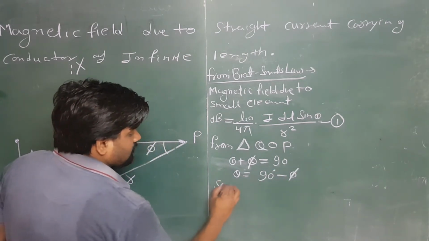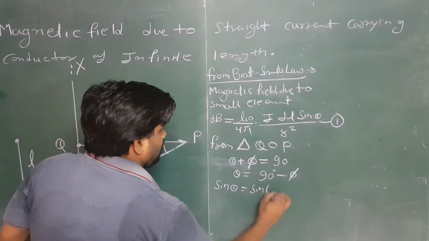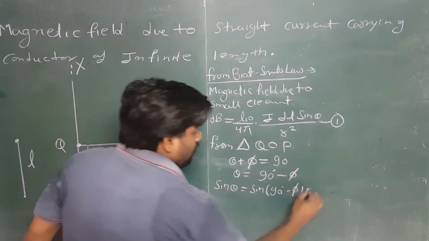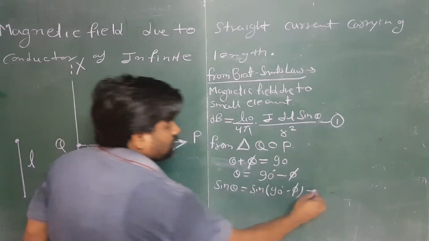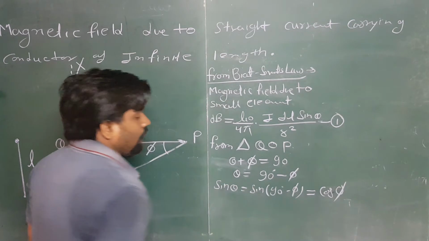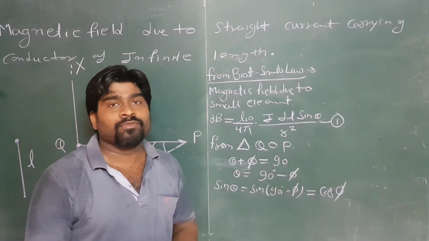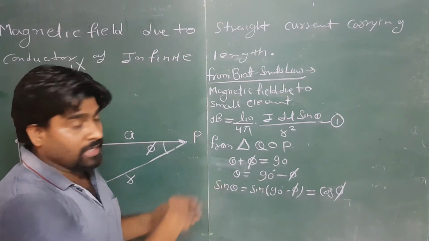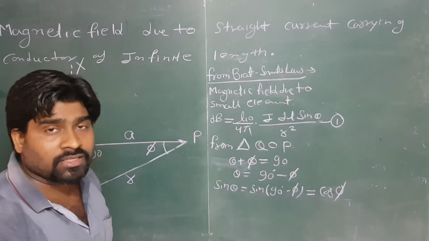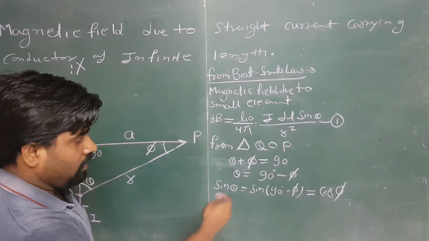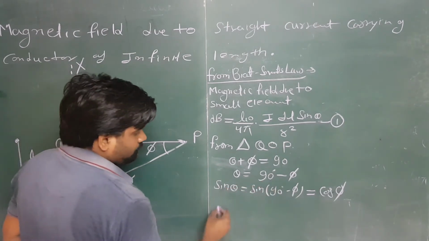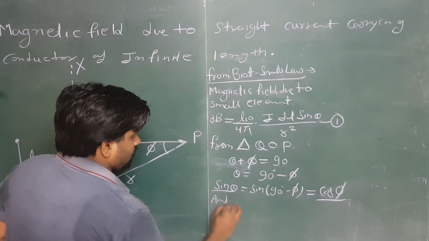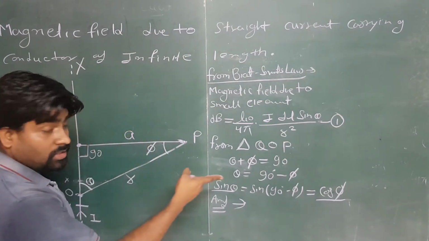So I can write sine theta is equal to sine of 90 degrees minus phi, and sine of 90 minus phi becomes equal to cos phi. So I have converted the sine theta into the cos phi form. Okay, so sine theta converted into cos phi.